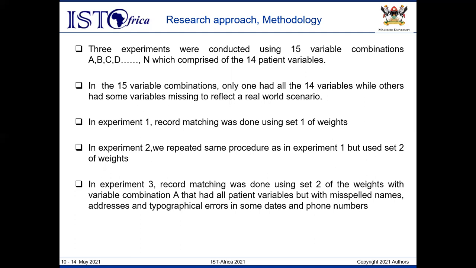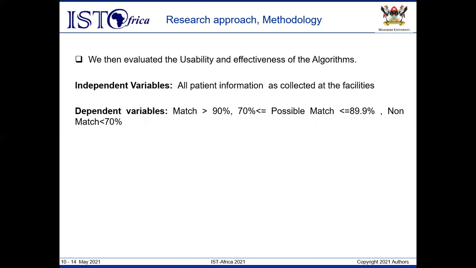And then in experiment 3, we did record matching using set 2 of the weight with the variable combination A, which had all the patient variables, but this time we were testing a real world scenario where there may be misspelled names of the patient, the addresses, and there may be other typographical errors like we noticed in the phone numbers and the date. So we then evaluated usability and effectiveness of the algorithm.